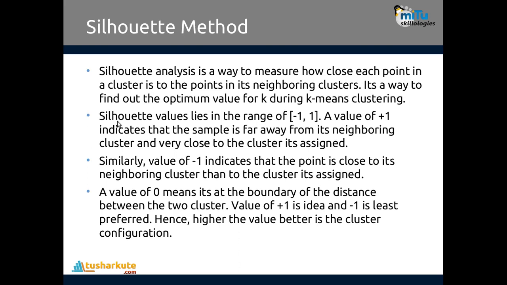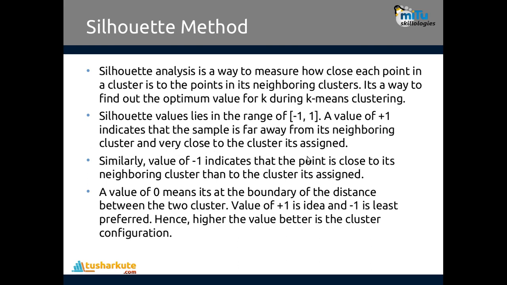Now what's the meaning of it? Silhouette values lie in the range of -1 to 1. The value of +1 indicates that the sample is far away from its neighboring cluster and very close to the cluster it is assigned.